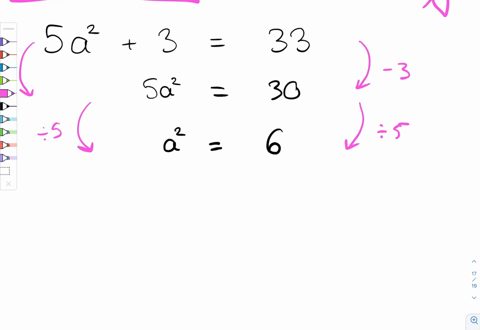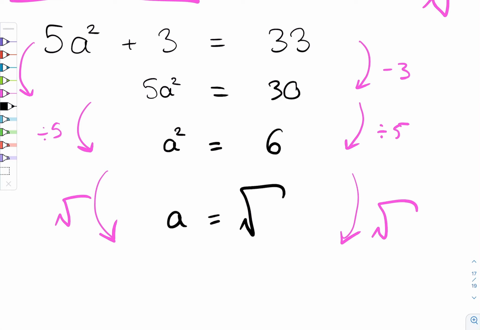When I do, the square root of a square number undoes the squaring operation. So now I'm going to do the square root to both sides, this little icon. That leaves me with just one a, and I get the square root of 6. Now, I haven't got that to a final number.